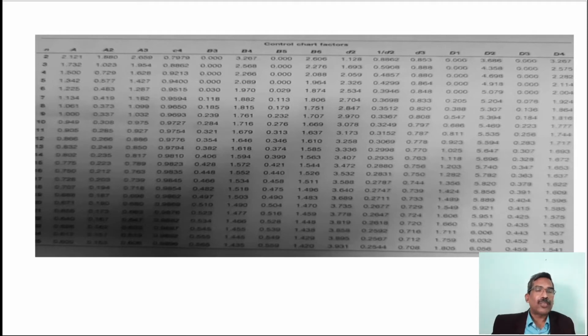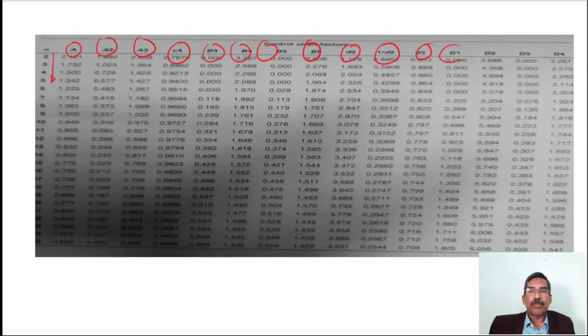In this case you can see that the value of n is shown here, and different constants A2, A3, C4, and then B3, B4, B6, B5, small d2, 1 by small d2, d3, capital D1, capital D2, capital D3, capital D4. So these are the constants, and the values of these constants vary with n. n means the subgroup size.